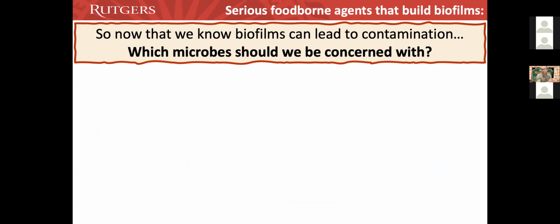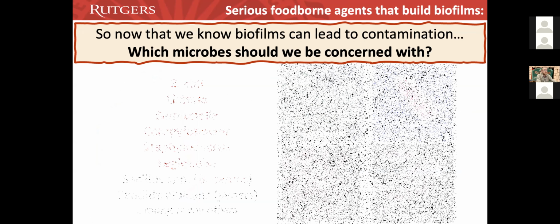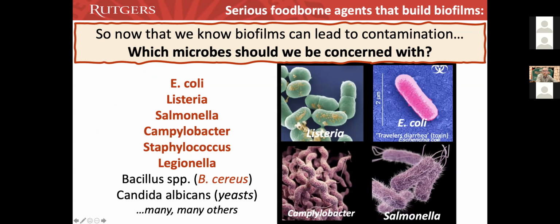So now that we know what biofilms are, aggregates of bacteria that produce a matrix to protect themselves, which microbes should we be concerned with that form these biofilms? Unfortunately, the answer is the vast majority of bacteria, especially those that cause foodborne illness, form biofilms. Some better than others, but what's important to note here is that bacteria want to form biofilms.